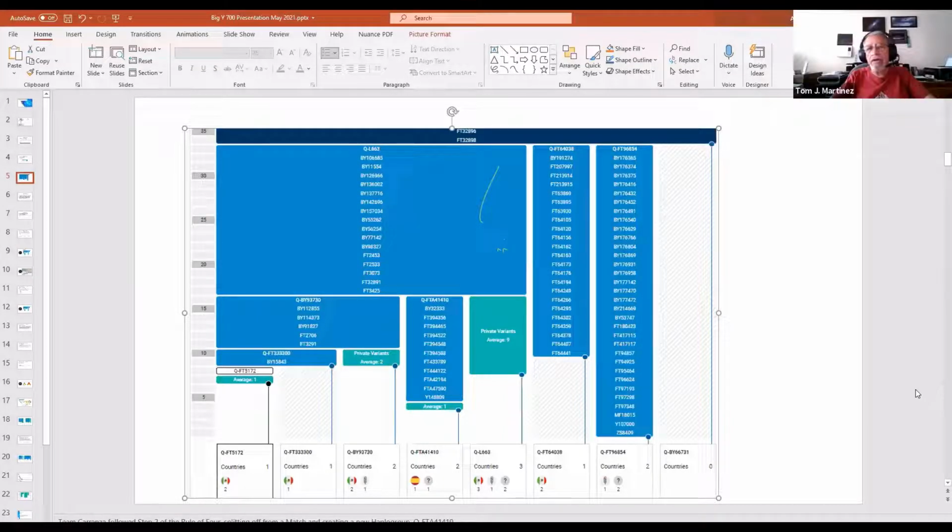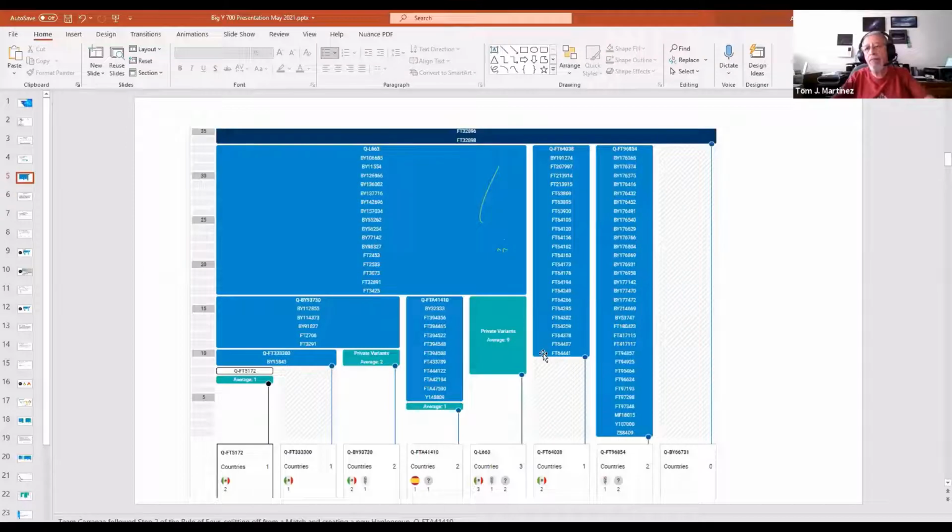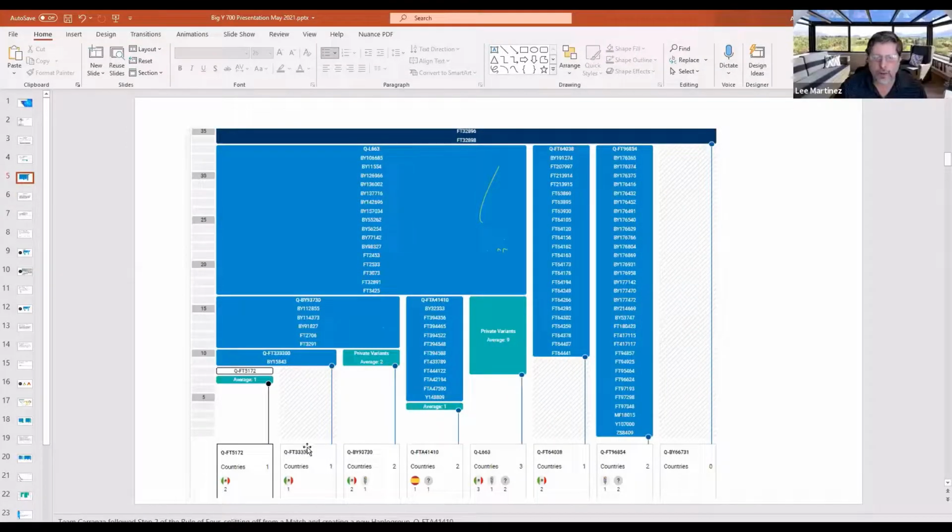Not on mine, not on my screen. But if I look at somebody else's, they have more matches to their Big Y. Yeah, I have a similar situation. So again, SNP tests are similar in that there's a limit to the number of mutations that it'll allow to be a match.